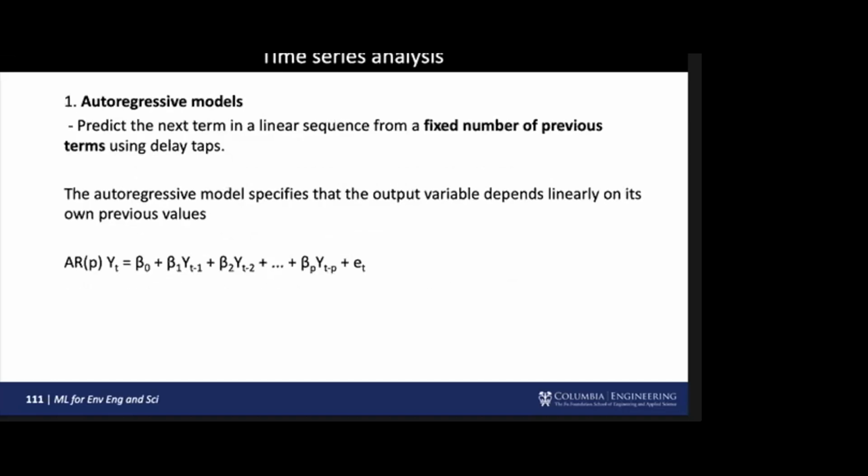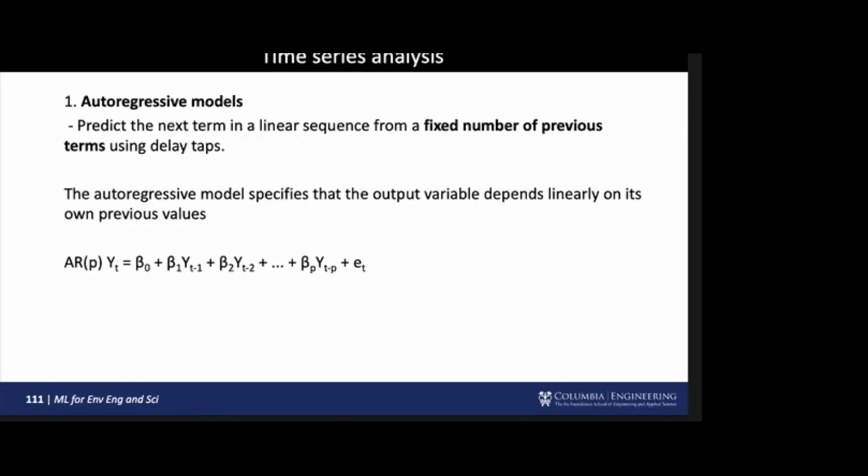So let's look at a classic way to handle sequences: autoregressive models. The goal here is to predict the next term in a sequence by looking at a fixed number of previous terms. In this setup, the output variable depends linearly on its own past values.